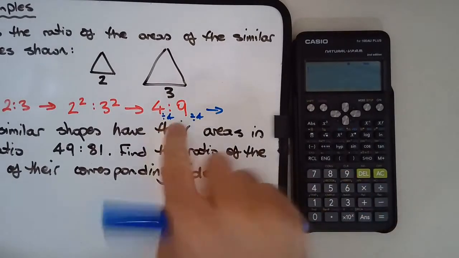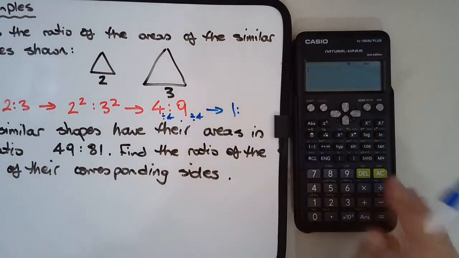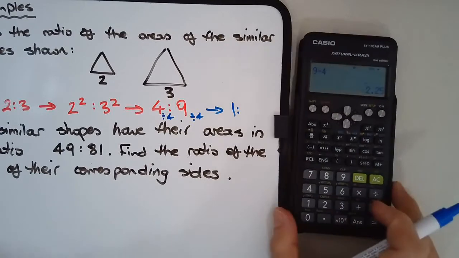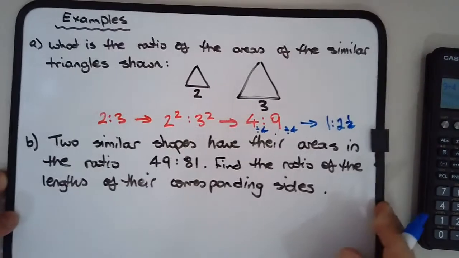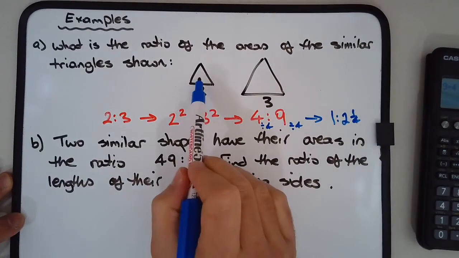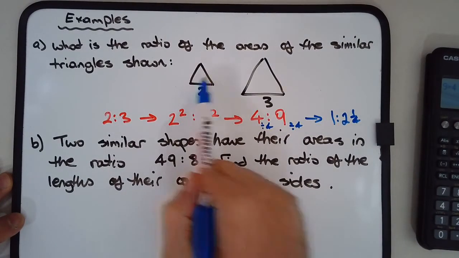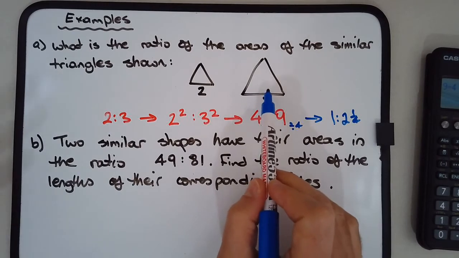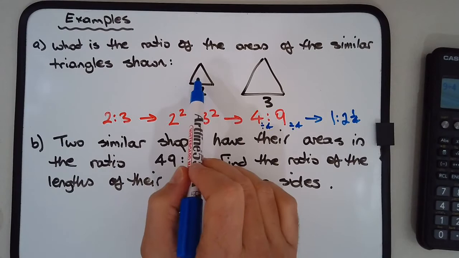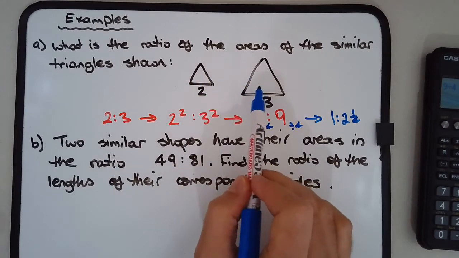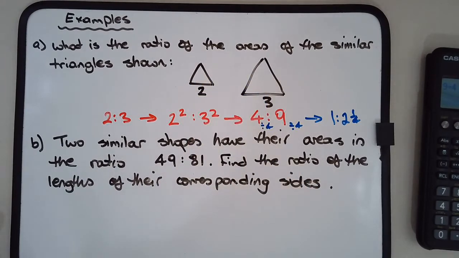So 4 divided by 4 is 1, 9 divided by 4 is 2.25, which is 2 1/4. So this means that for every unit of area in the small triangle, the larger triangle is 2 1/4 times as big. So if this was 1 square centimeter, this would be 2 1/4 square centimeters, for example.